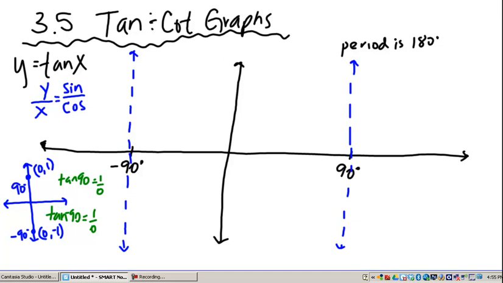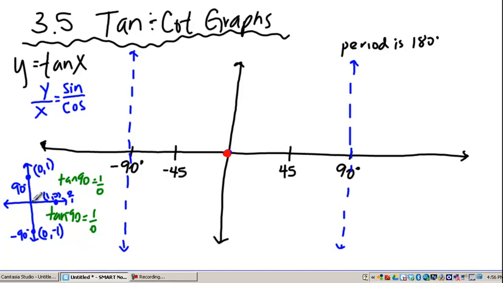The next thing, with tangent at 0 degrees, our point value is (1, 0). Again, we put y over x, so in this case we'd have 0 over 1. So tangent goes through the origin. The other critical points that you need to know are at 45 and negative 45.